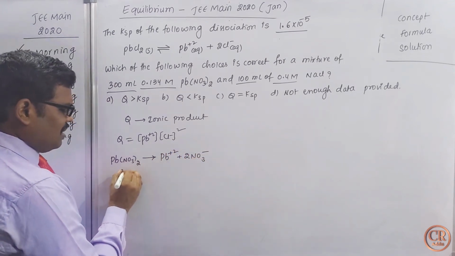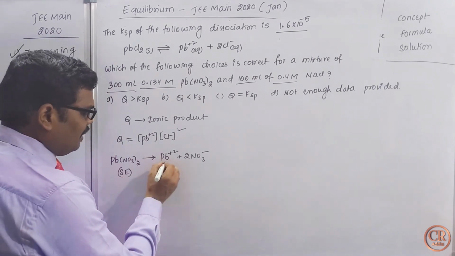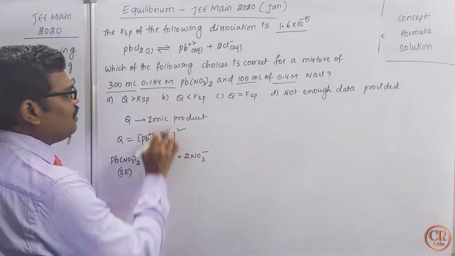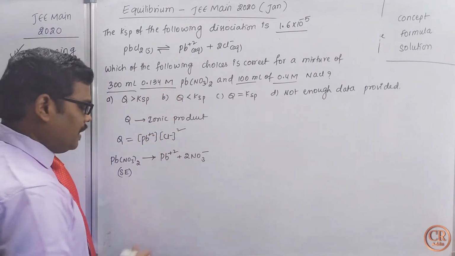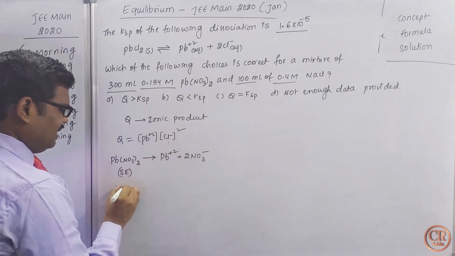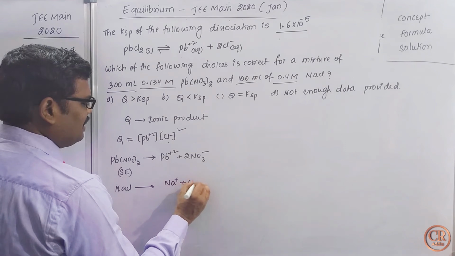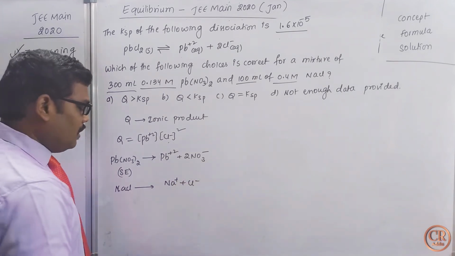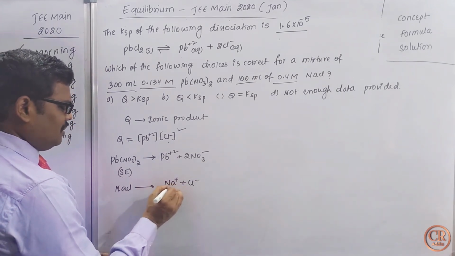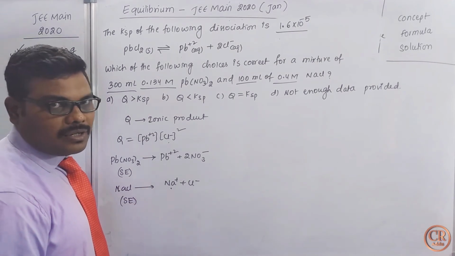So this is a strong electrolyte, so it dissociates completely. So we get Pb ion concentration from here. Next, we need Cl minus. Here NaCl dissociates completely into Na plus and Cl minus ion, because NaCl is also a strong electrolyte.